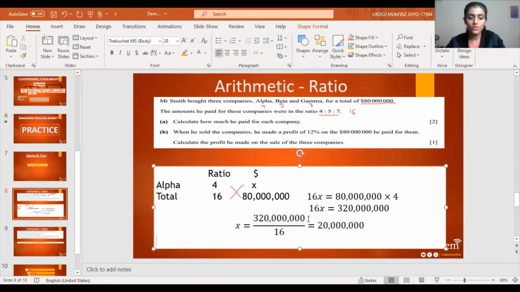So wow, now you know, alpha costs $20 million.